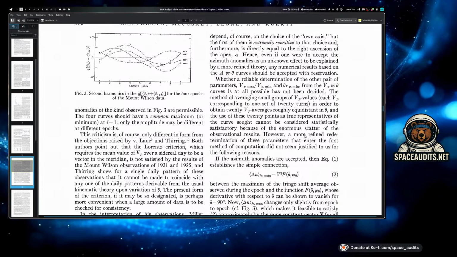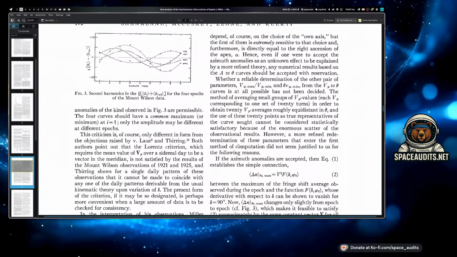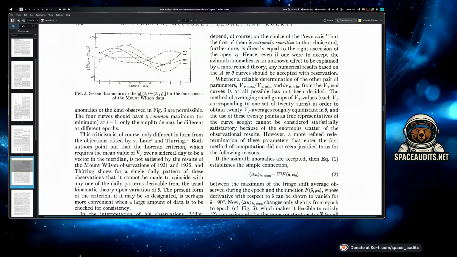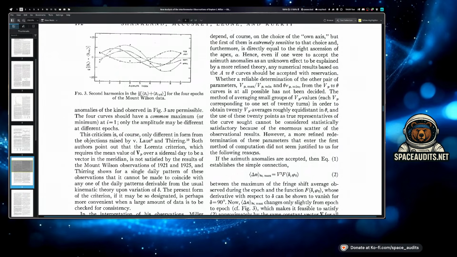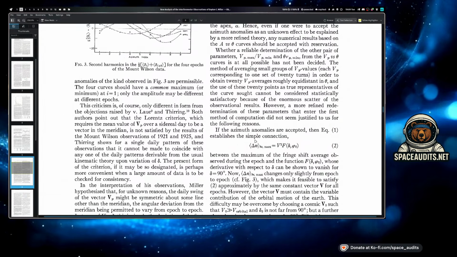However, a more refined redetermination of these parameters enters the first method of computation, and that did not justify for us to follow that reason.